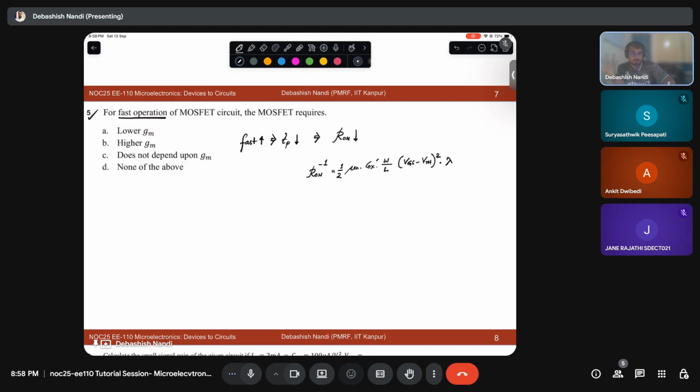Is that okay? So R1 inverse is generally called GDS or G out, which is equal to half mu n Cox W by L times VGS minus VTH whole square times lambda.